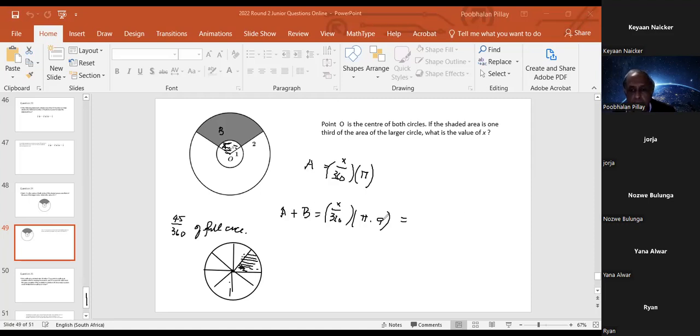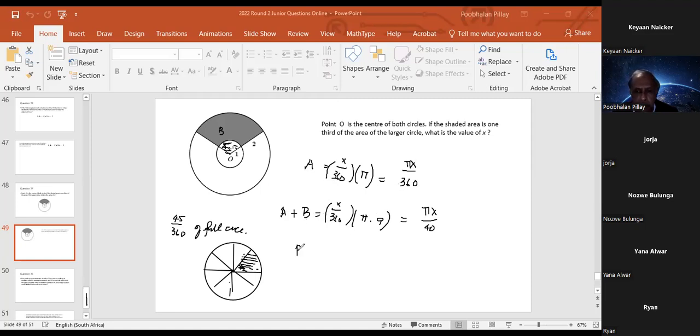equals. Right. If you simplify this, 9 goes into 360 40 times. So you have pi x over 40. And here you got pi x over 360. That's your A. So we got what A is, and we got what B is.